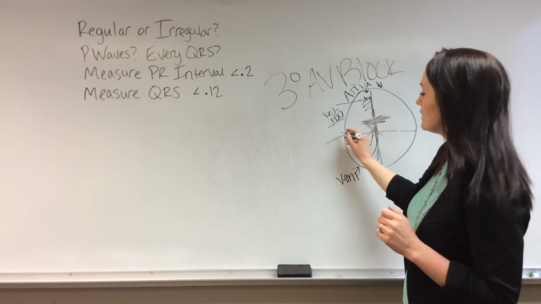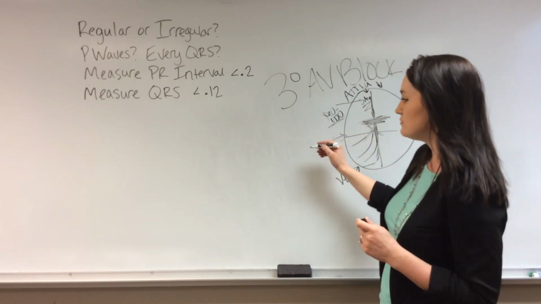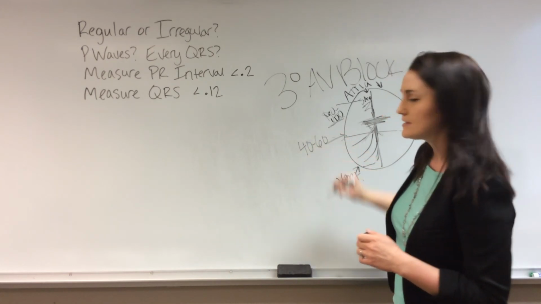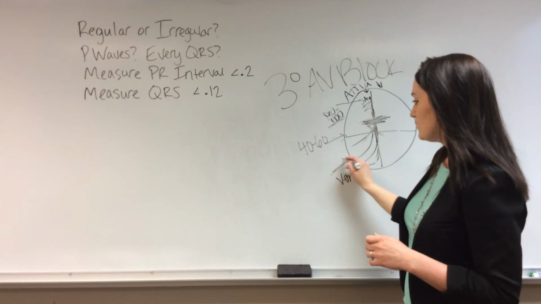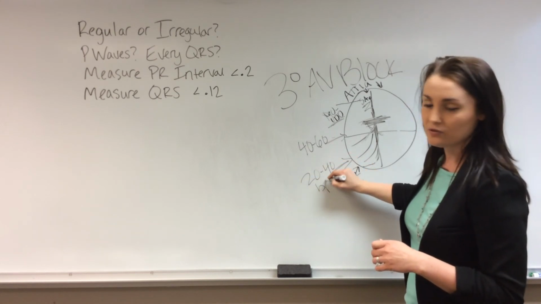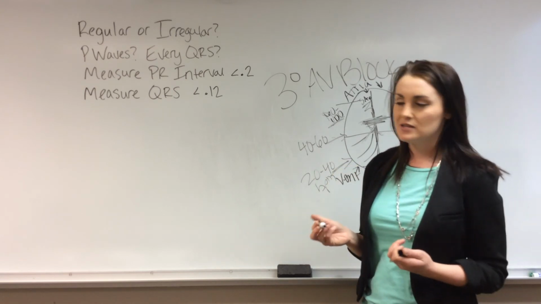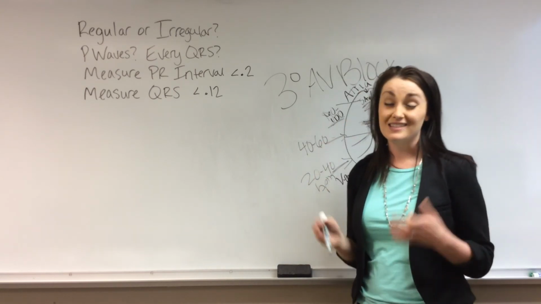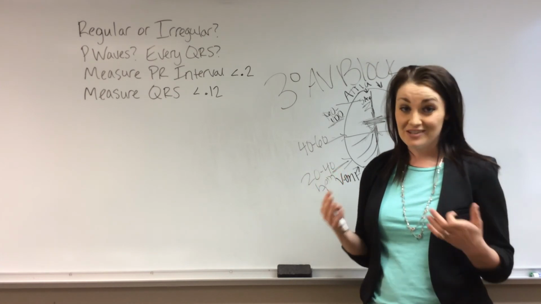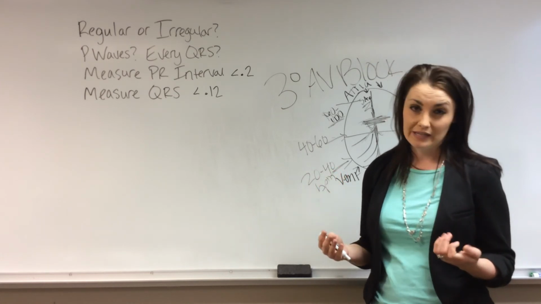That's normal. As we go down to the junctional node, your normal rate may be 40 to 60. As you get down into the ventricle, the normal rate is 20 to 40 beats per minute. So with a third degree AV block, it's slow. It's left to beat at the ventricle's intrinsic rate, which is 20 to 40.